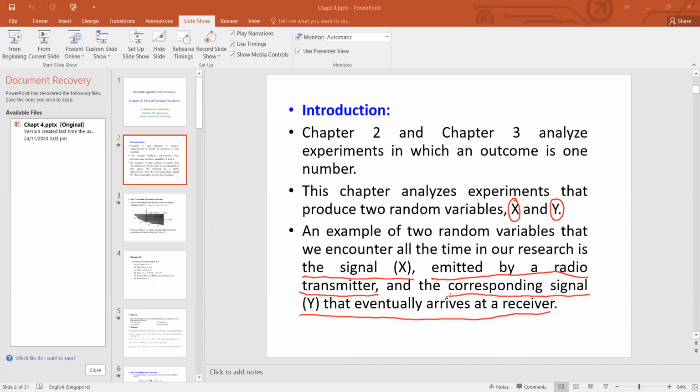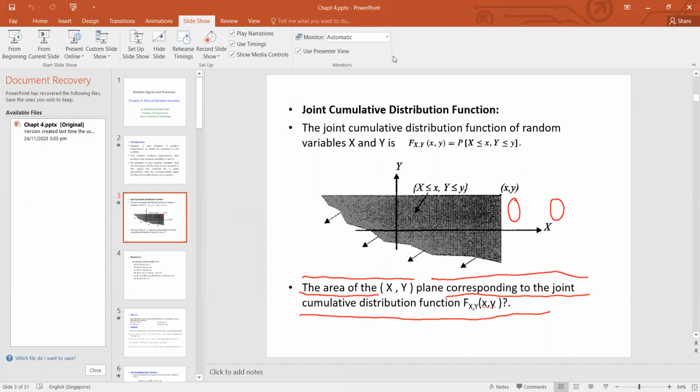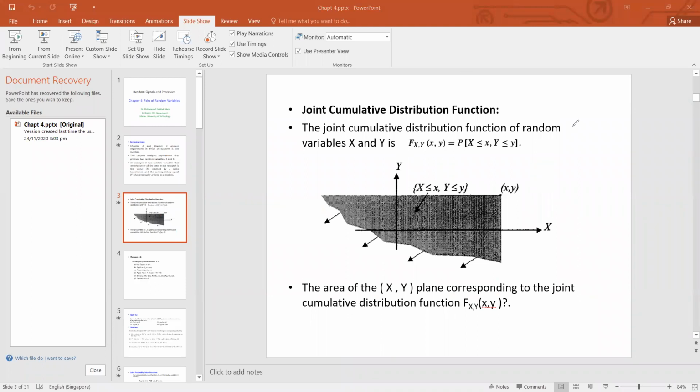What is the topic that we want to see next? That one is the joint cumulative distribution function. When I'm talking about joint CDF, it is called the joint cumulative distribution function.